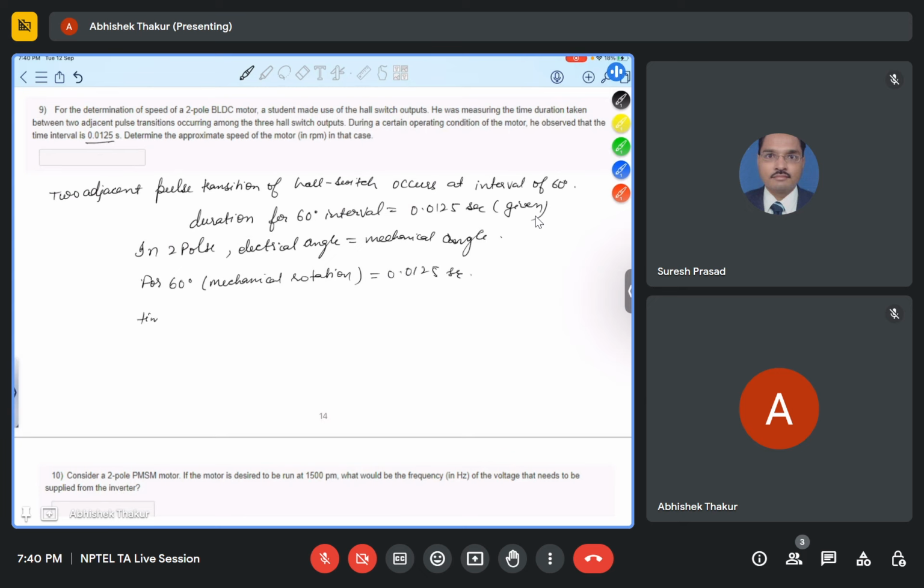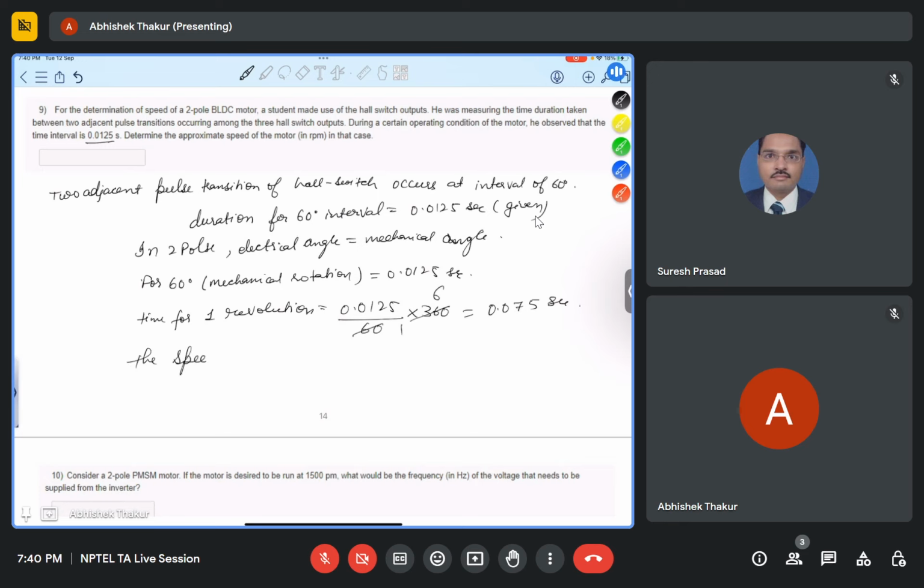So the time for one revolution is equal to 0.0125 divided by 60 times 360 degrees. So it will become 0.0125 times 6, which is 0.075 seconds.